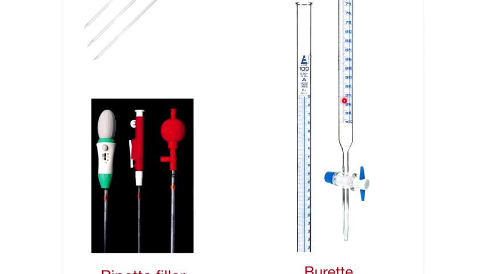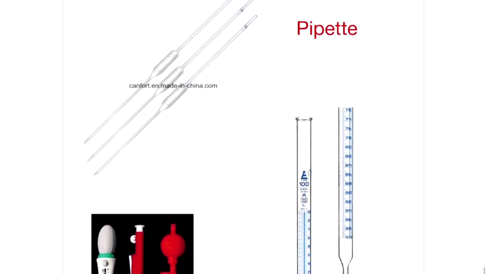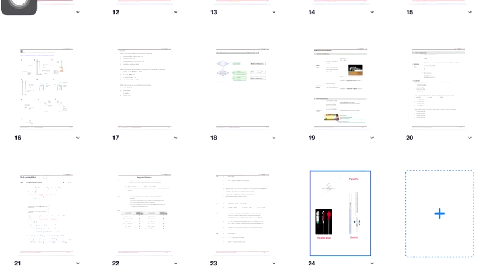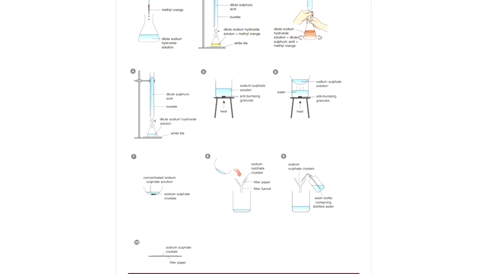Instead of the liquid going down steadily, like tap water going quickly into a beaker or a conical flask, you can slightly open the valve here, so it will add the solution drop by drop. So it can slow down the reaction and help you add a precise amount of the liquid you want. After learning the names of those apparatus, let's go back to the setup and take a look at how we're going to use them.